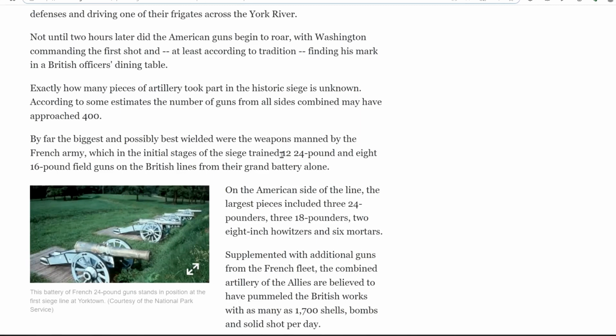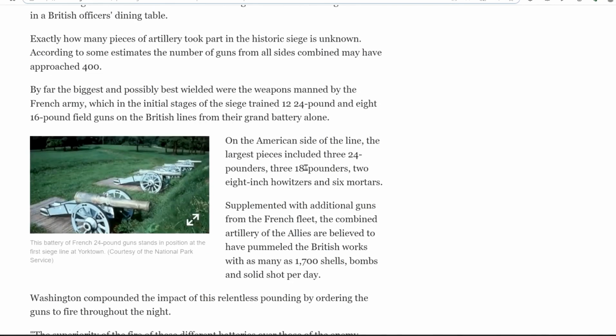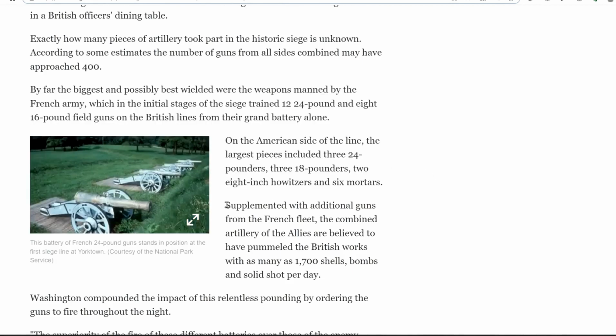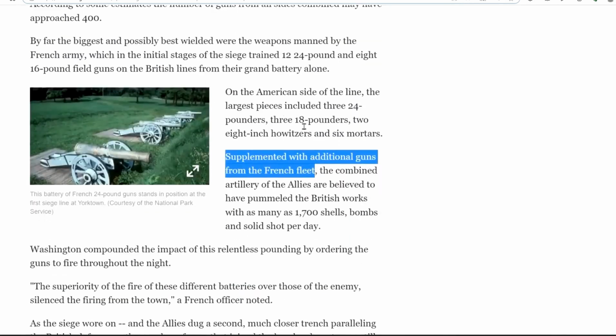So right there we can see the disparity in artillery. The French have 12 24-pounders, and in American artillery, they only have 3 24-pounders. Now this describes the initial artillery deployment. This was then supplemented with additional guns from the French fleet.